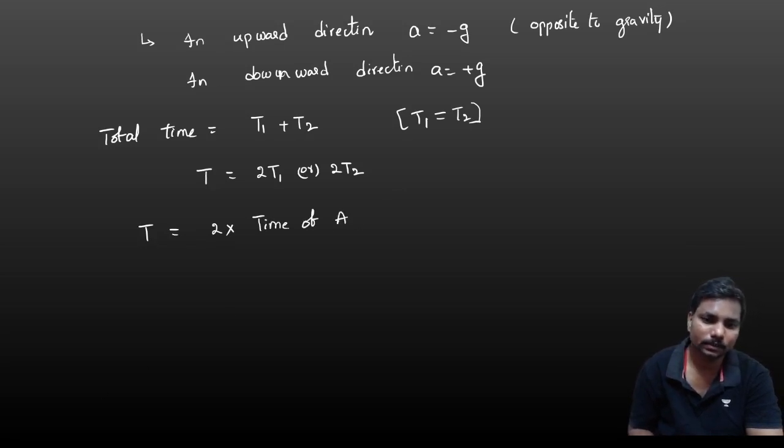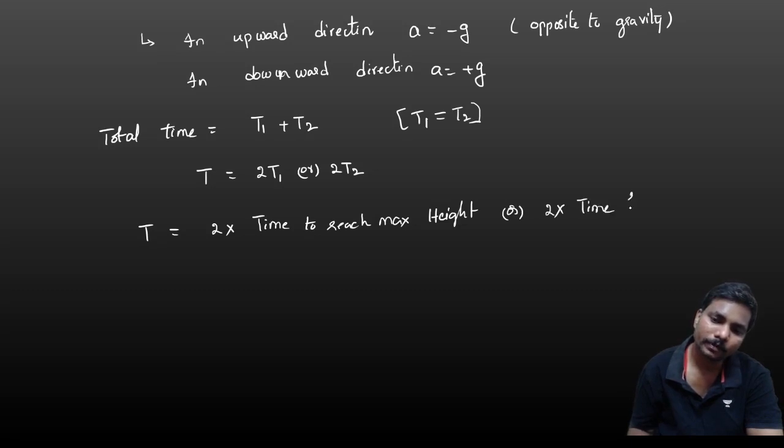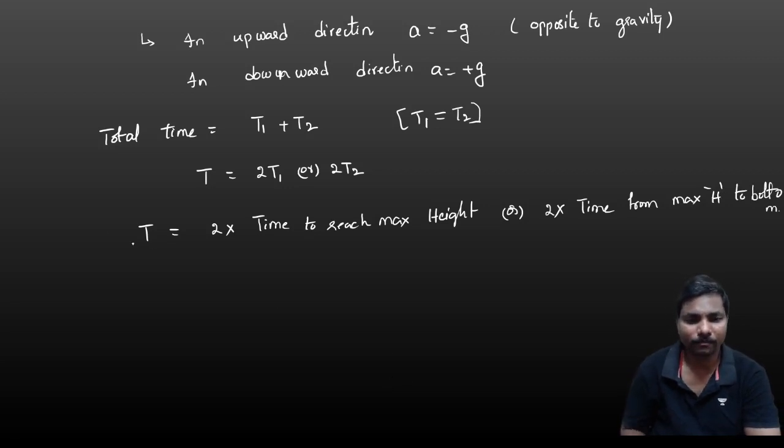Time of ascent means the time to reach the maximum height, or 2 times the time from maximum height to bottom. Very important question: the total time is equal to 2 times the time to reach the maximum height, or 2 times the time from maximum height to bottom.